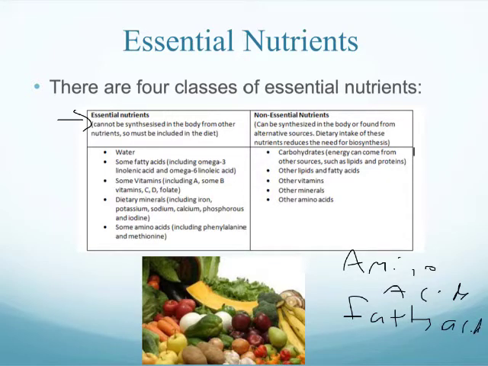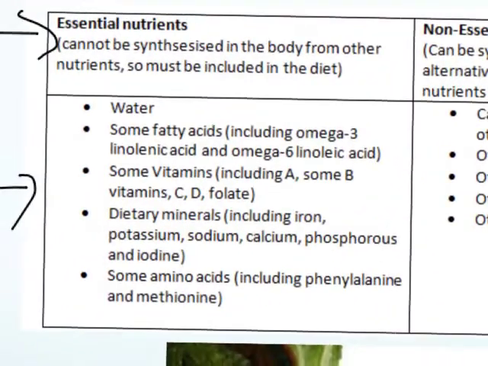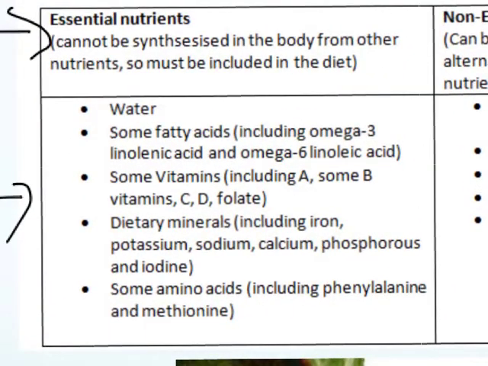Then the last two are probably the ones that we're more familiar with. When you think of a diet, you think of these two, and those are vitamins and minerals. Okay, vitamins like A, B, C, D, all those, and minerals. And basically, if you look on this chart that I provided, you can see the essential nutrients: water, obviously, some of those fatty acids, so the essential fatty acids, some vitamins, not all. Then you have your minerals, and then some amino acids.